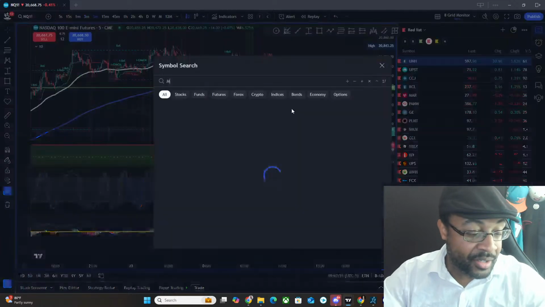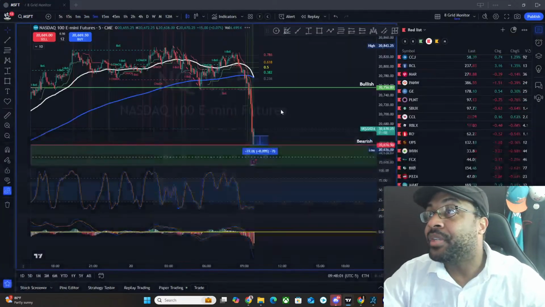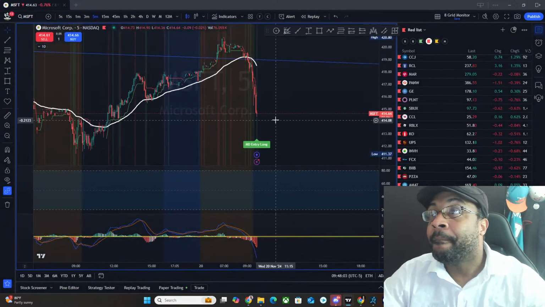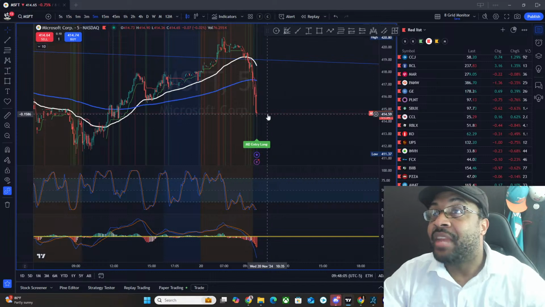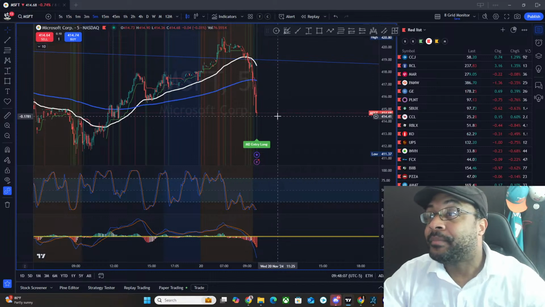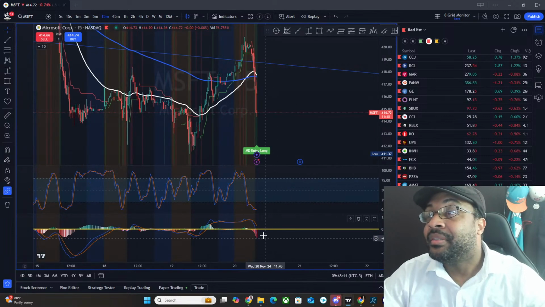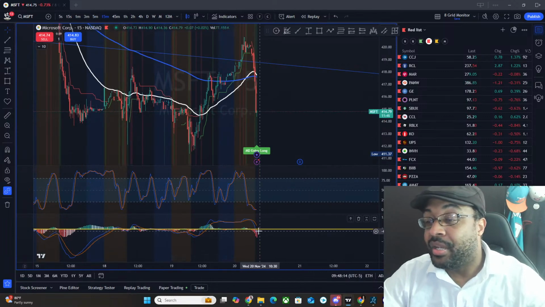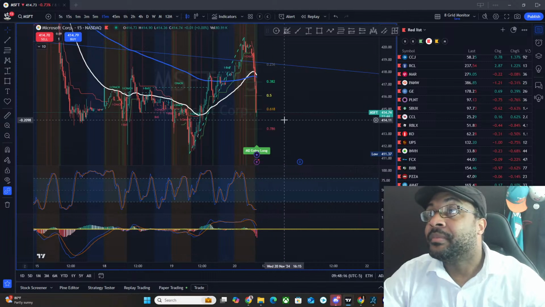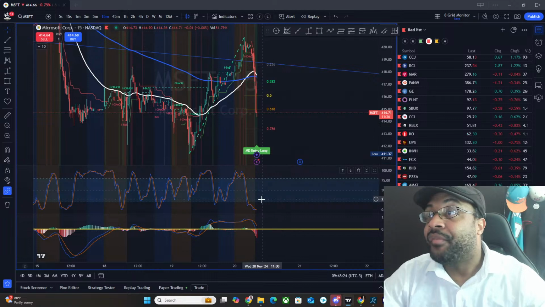Let's go over to Microsoft while we wait for this 5 minute to close. Yeah, that was a lot of momentum going into that block. Oh yeah, look at that 5 minute. Here's that 15 minute opening up like it's going under there. You got some imbalances right here that will bring us back to 413. But that 15 minute is pinned.